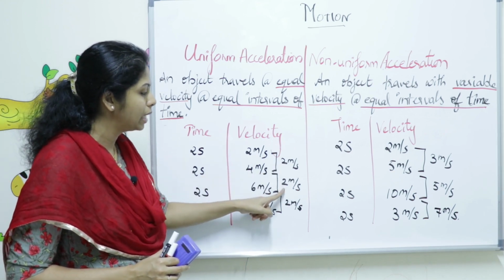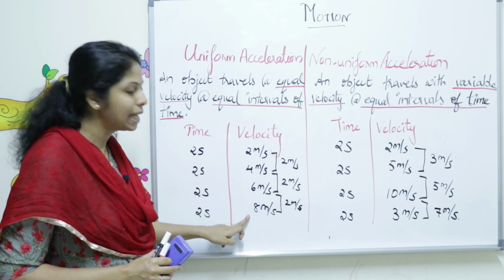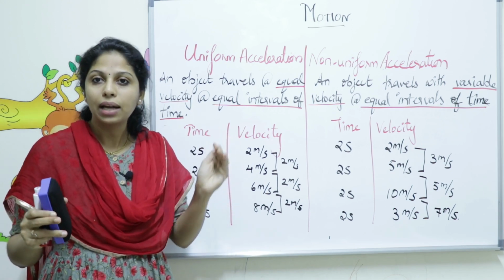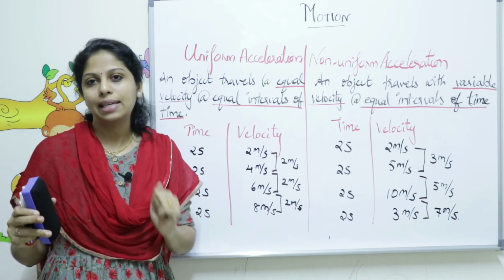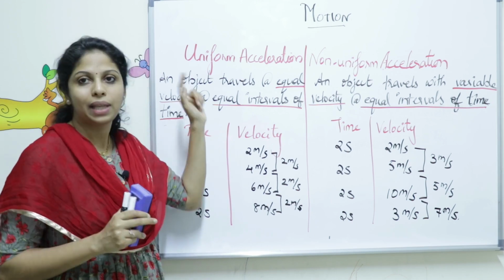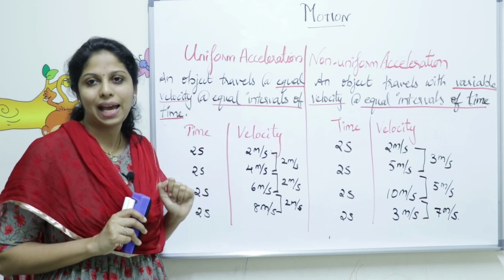The difference is 2 meters per second. That means the velocity is increasing equally from point A to point B. It is continuously increasing, but how? It is increasing equally. Then it is said that the object moves with uniform acceleration.